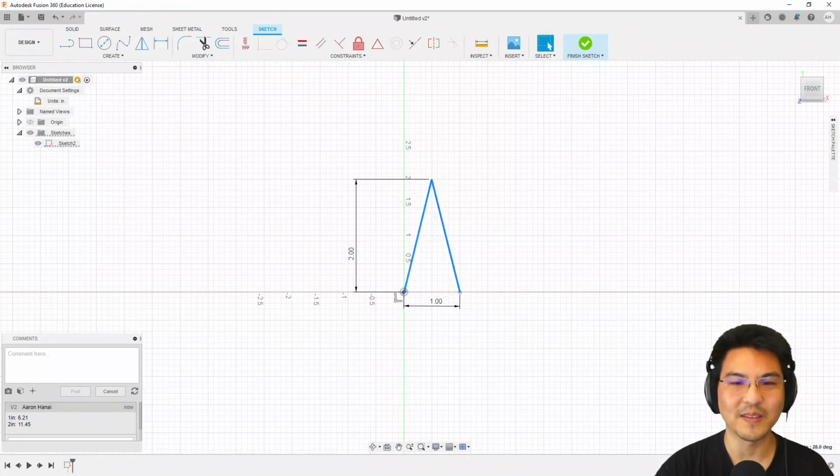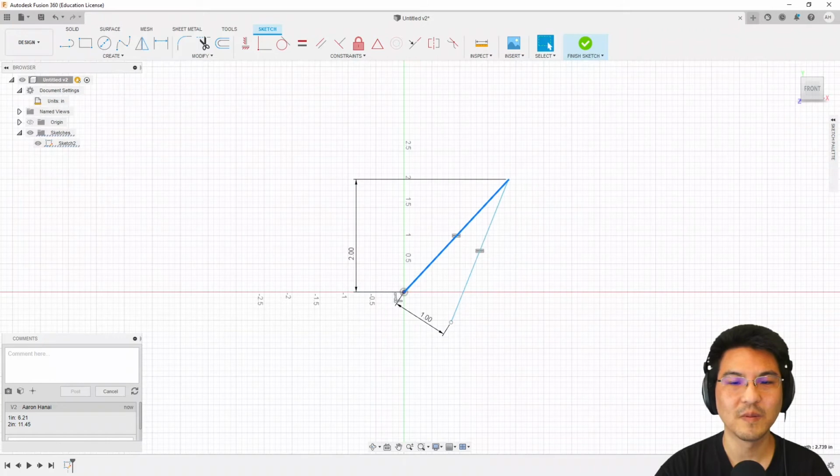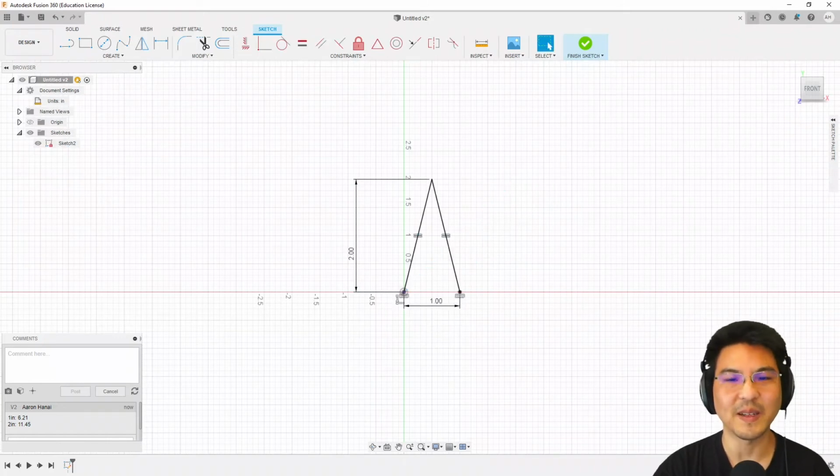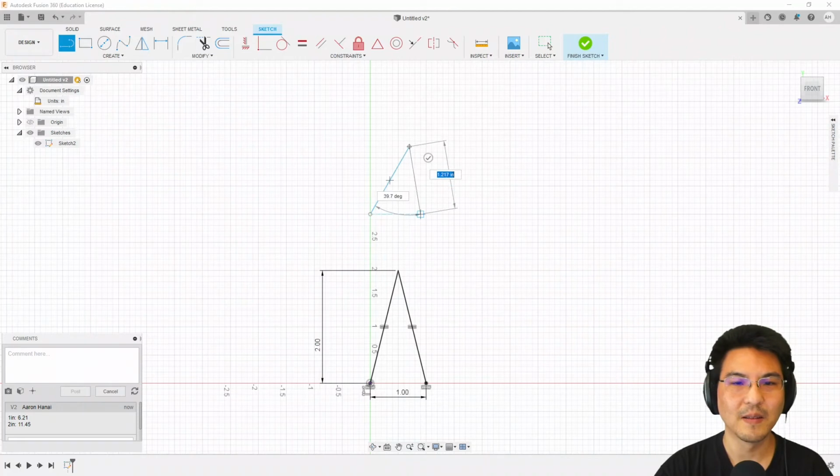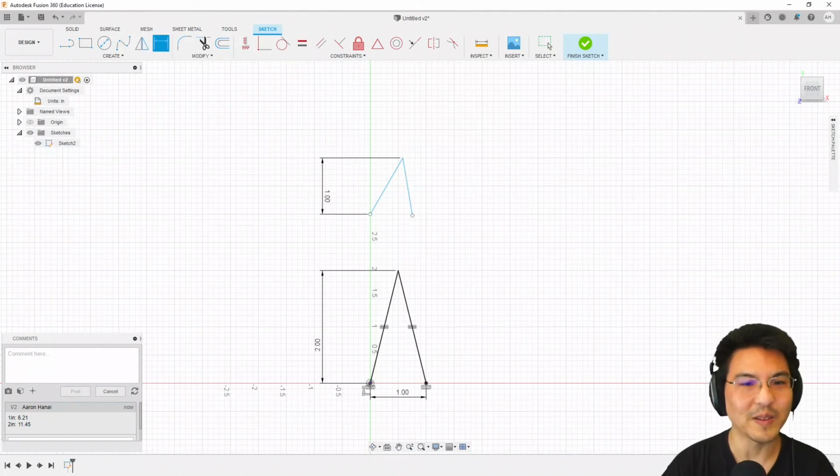Okay, so both of these sides need to be equal. These 2 points need to be horizontal. There we go. All right. I might as well draw the other one too. So the 1 inch thick, so that should be 1 inch, right?